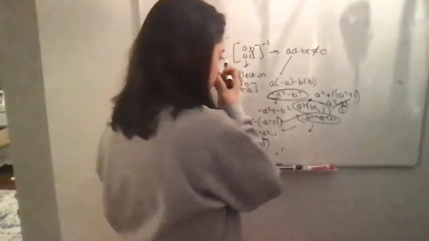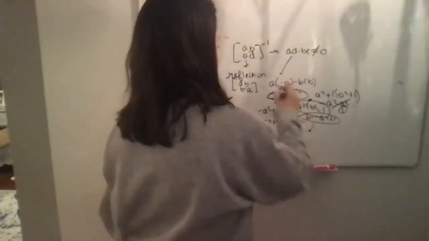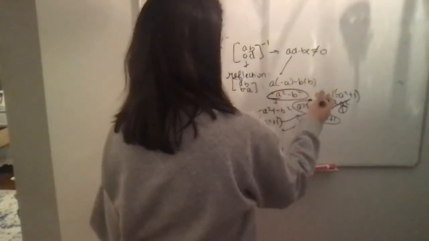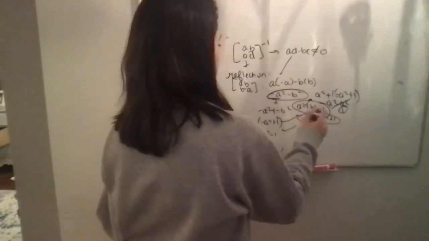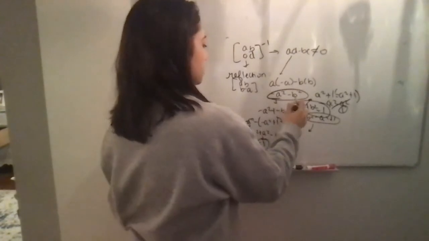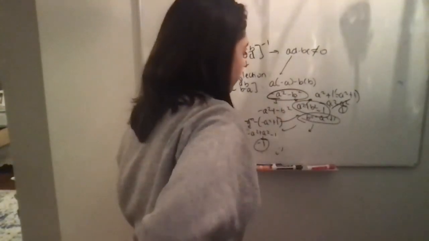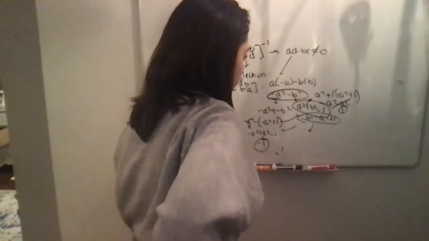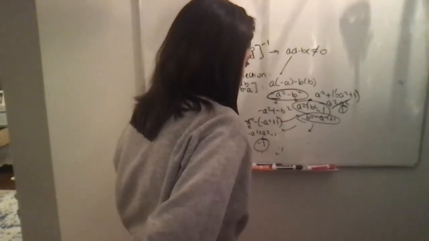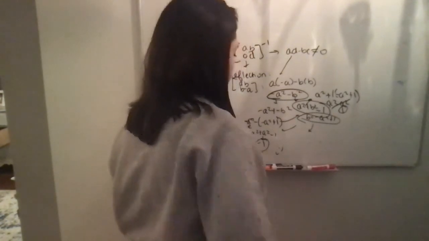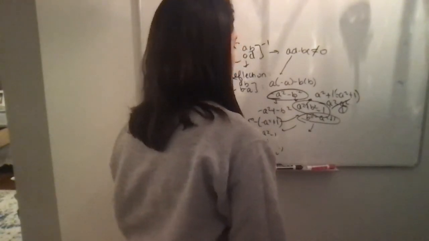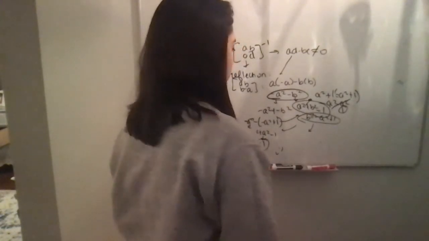So to recap really quickly, we did A times negative A because that's AD, minus B times B, which is BC. We multiplied to get negative A squared minus B squared. We then figured out that B squared has to equal negative A squared plus 1 because of the rule we already know, A squared plus B squared equals 1.